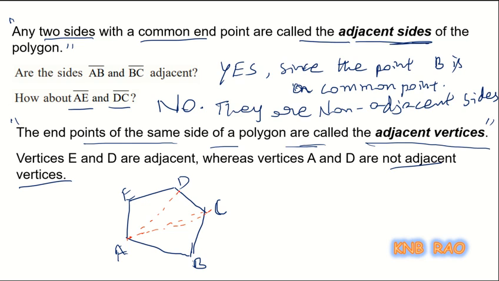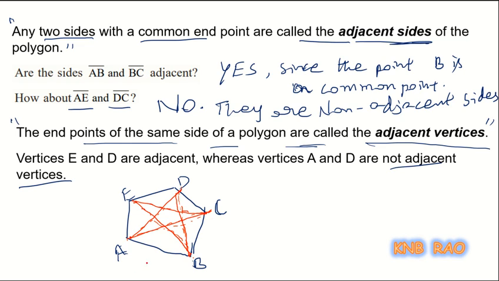This is another. This is another. This is another. This is the fourth one, and this is the fifth one. So if you observe 1, 2, 3, 4 and 5, it looks like a star.